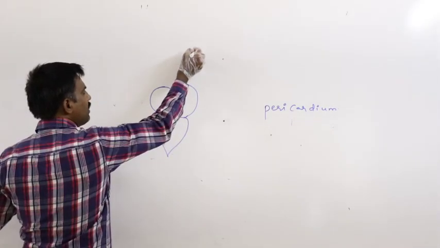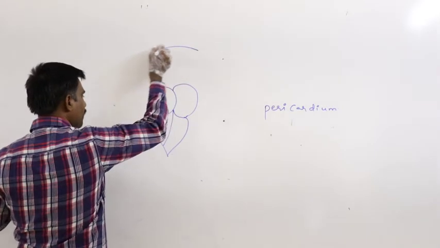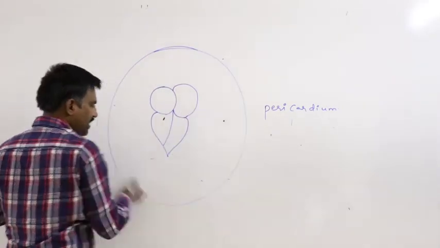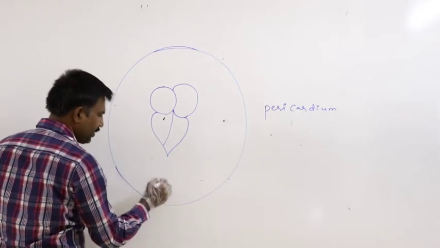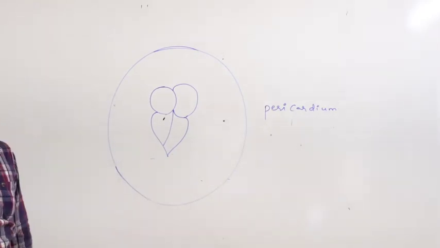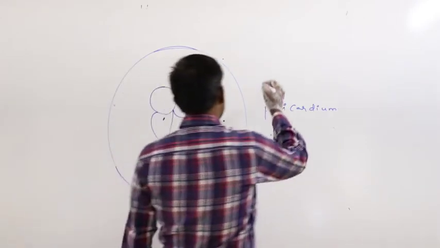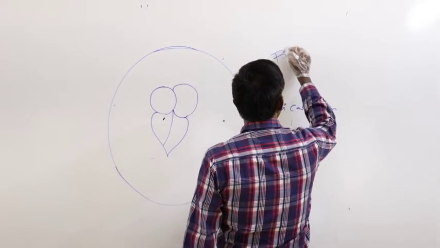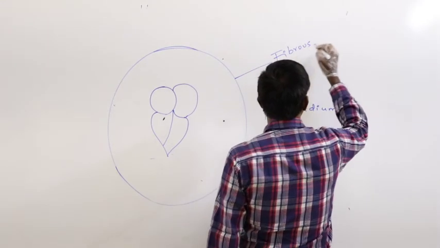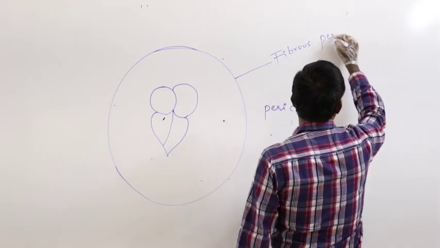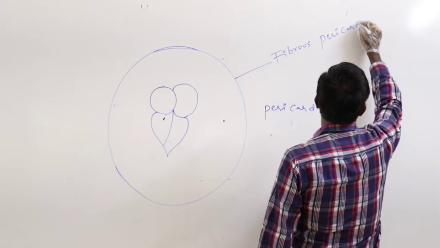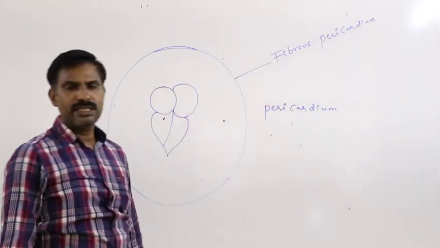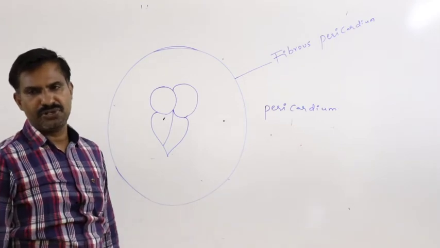Around the four-chambered heart, the outermost layer present to provide protection is said to be the fibrous pericardium. This is made up of fibrous connective tissue.